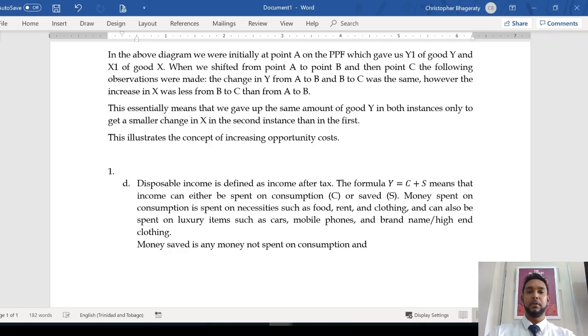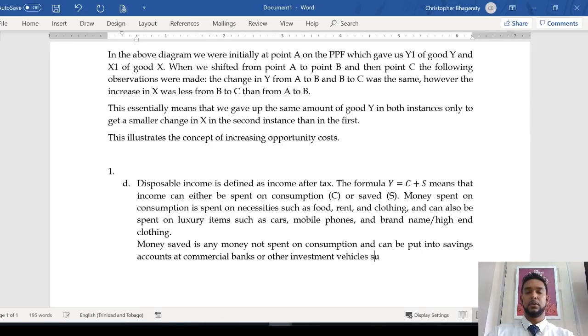So it can be put into savings accounts at commercial banks or other investment vehicles such as mutual funds or the stock market, or can simply be put under the mattress.